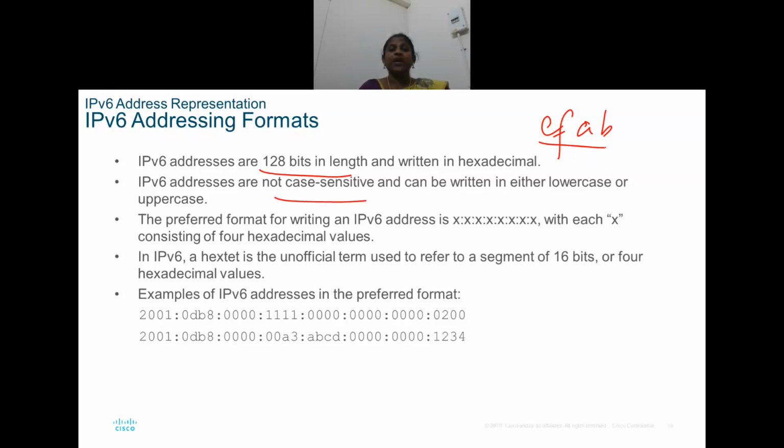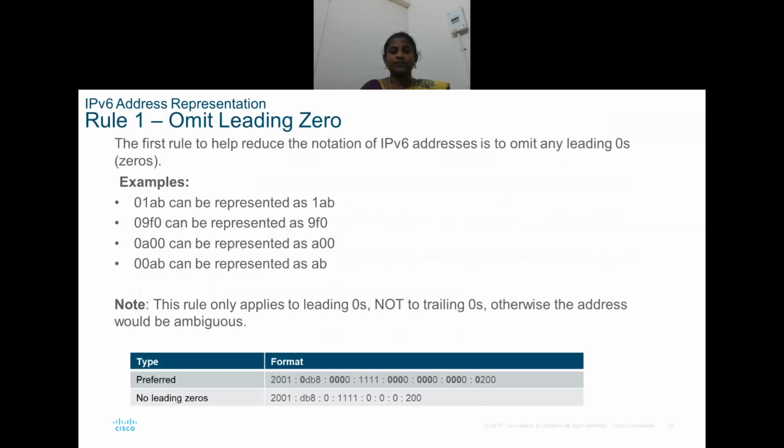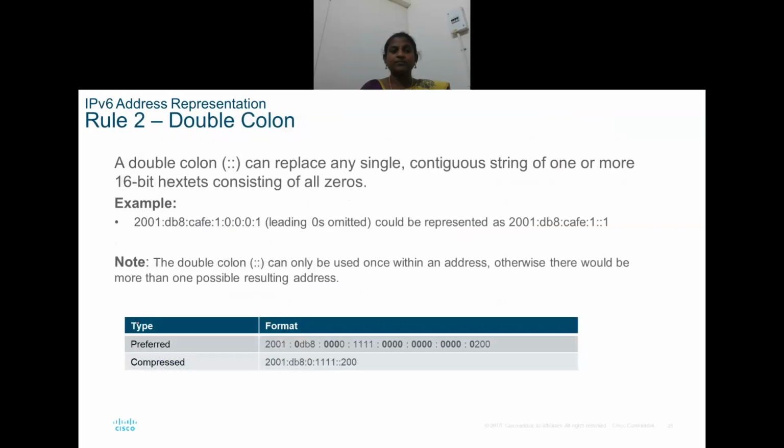So it is not case sensitive. And the format is represented by means of hextets. So you will have 1, 2, 3, 4, 5, 6, 7, and 8 sections. You will have 8 sections, and every section is represented by 4 digits. Okay, so I think the next slides, all right.